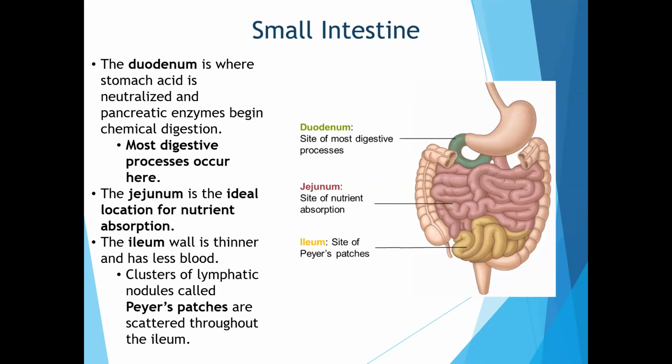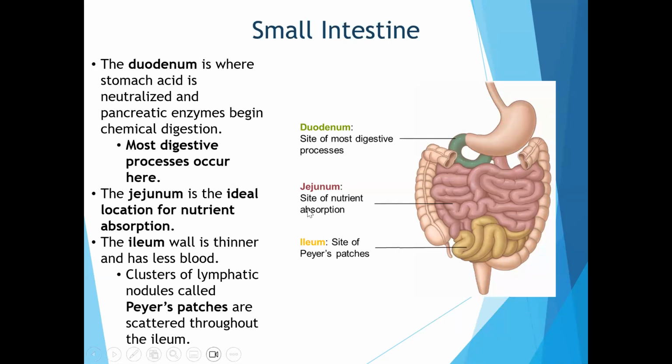Okay, and finally we get back to the alimentary canal with the small intestine. We just talked about all of the important accessory structures that play their role as the food goes from the stomach to the small intestine. The small intestine is three parts: DJI, duodenum, jejunum, and ileum.